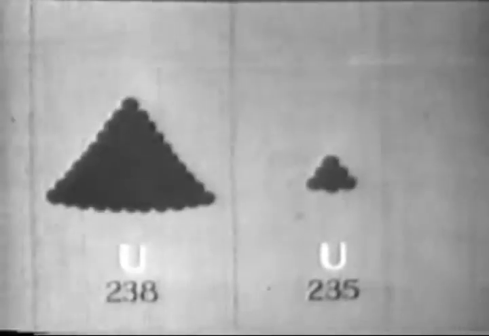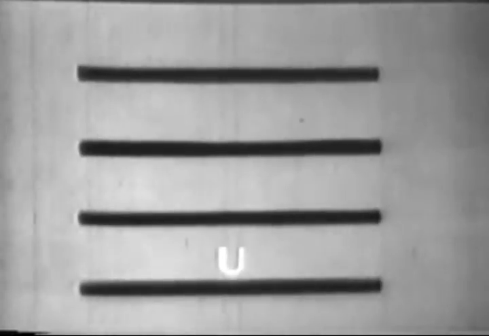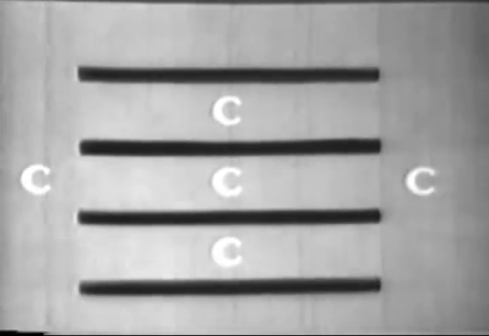U-235, on the other hand, undergoes fission with neutrons of any velocity. It seemed possible that a controllable chain reaction might be achieved by using slow neutrons to cause fission in U-235. Using natural uranium containing both isotopes, a pile was built, in which uranium rods were embedded in a mass of pure carbon in the form of graphite.